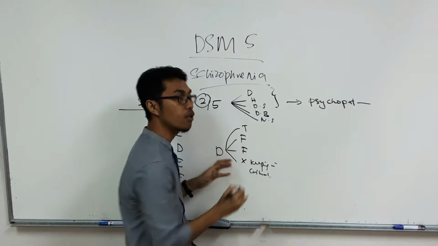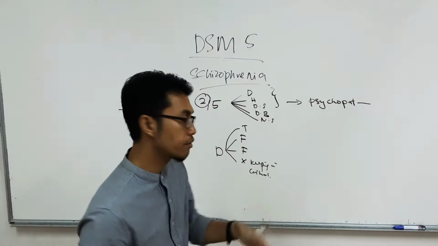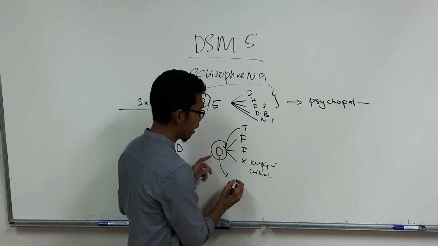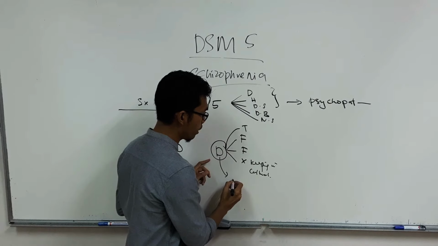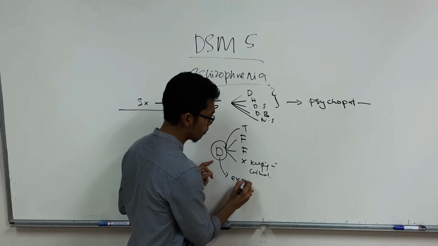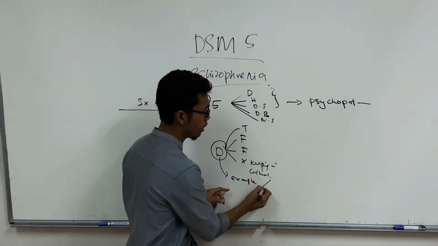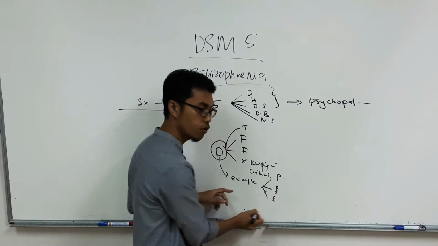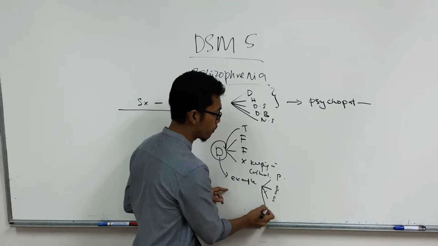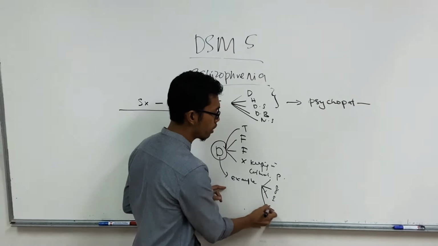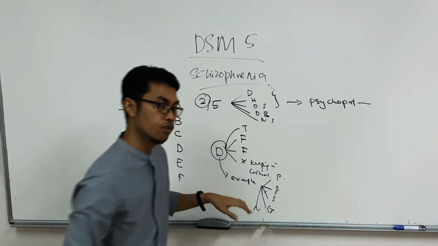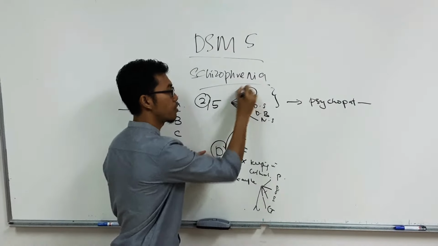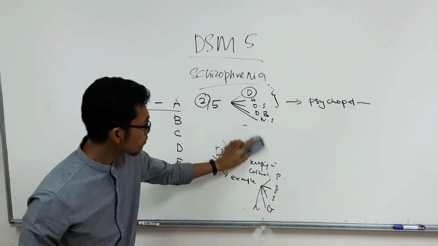It has to be a thought, something that they believe. Then you need to know the examples. Under that you have persecutory delusion, grandiose delusion, somatic delusion, delusion of guilt, and nihilistic delusion. If you know this basic concept, then you'll be able to appreciate delusion.